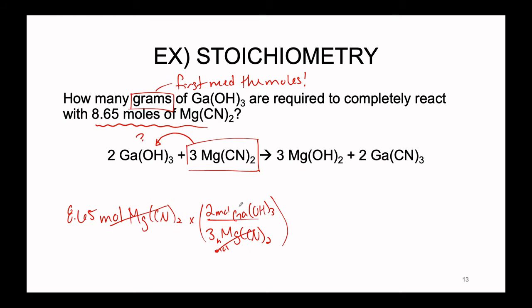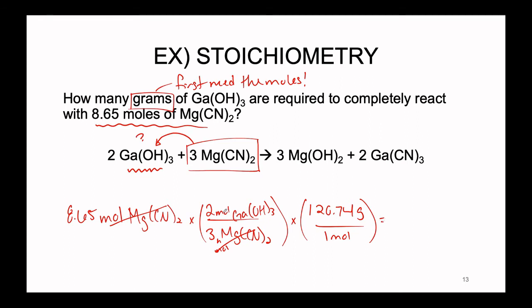From here, the calculation of how many grams gallium hydroxide is just one additional conversion factor. We need the molar mass in order to find this, specifically the molar mass of the gallium hydroxide, since that's the unit that we are in right now. So we can whip out our periodic table, find the molar mass of gallium hydroxide, and the value of that molar mass is going to be equal to 120.74 grams per every 1 mole of gallium hydroxide.